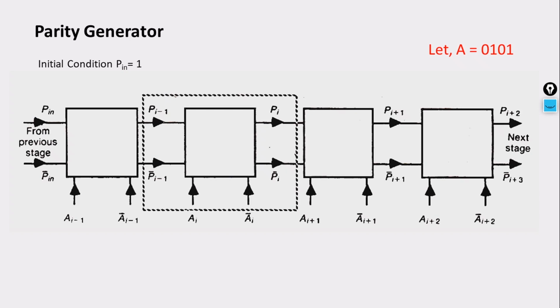Let us consider this input 0 1 and 0 1. By looking at this number, we can say the number of ones at the input is even, so my p output is going to be 1. Here, if you look at this symbol, this is p plus 2, this is actually what?